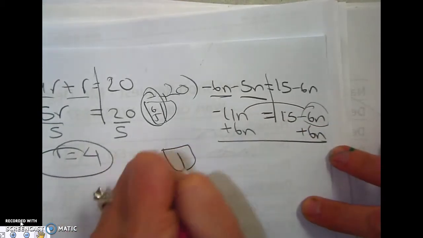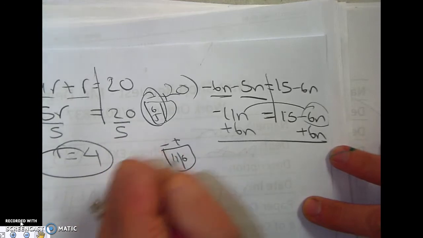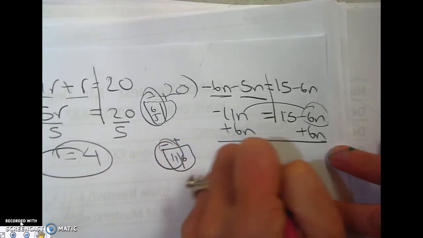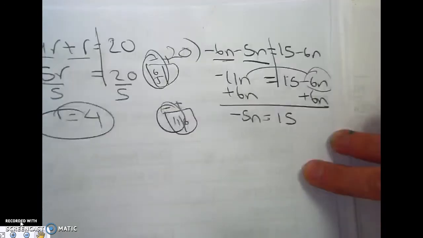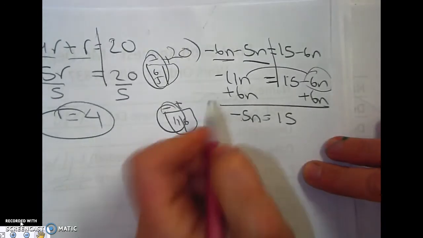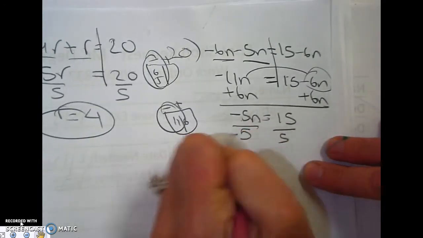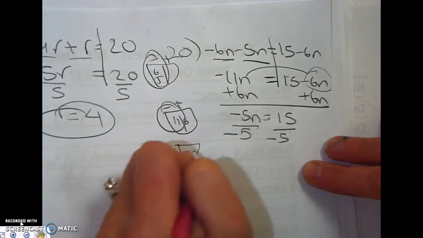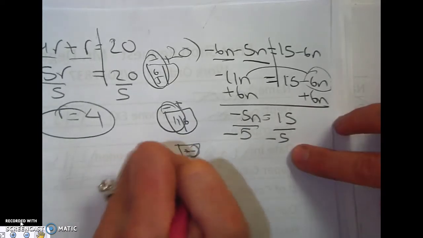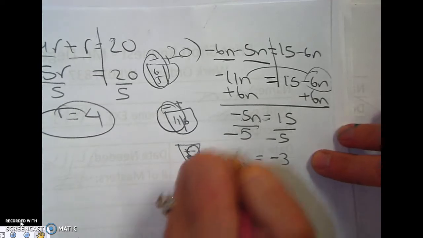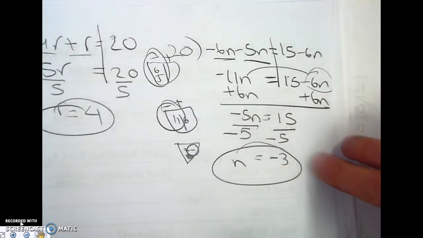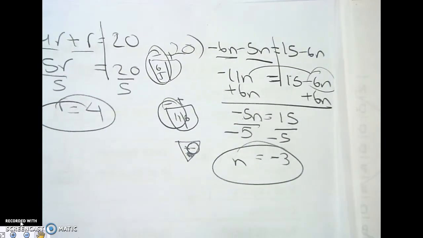Do my box. 11, 6, negative 5n equals 15. The 5 is touching. Touching means multiply. The opposite is divide, backpack. Do your little triangle. Positive, negative, boom, negative. And you're done. Okay? Let's go back to the review now, and let's look at number 21.